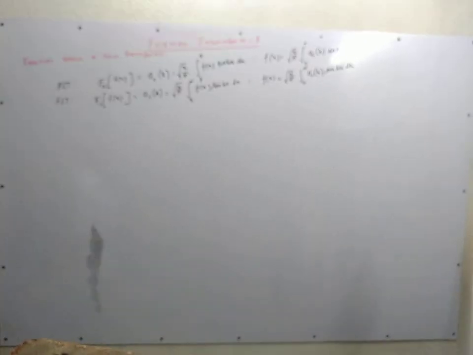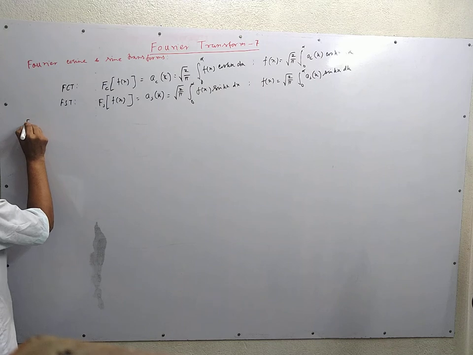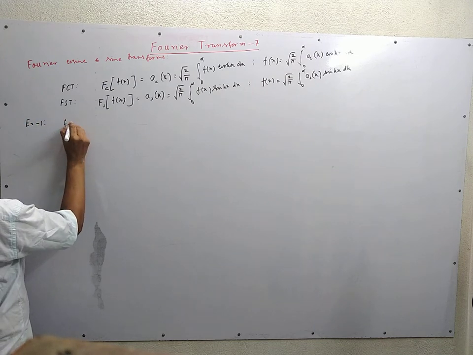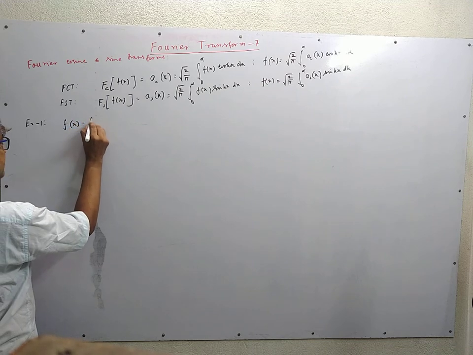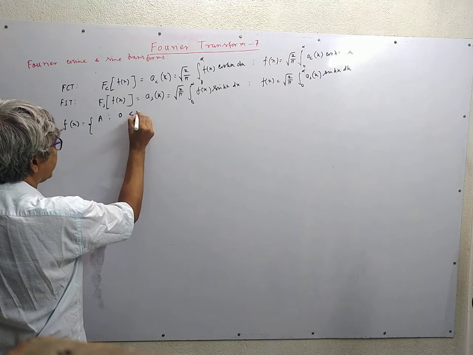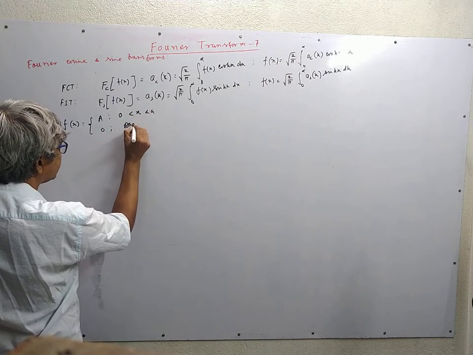We shall first apply the Fourier cosine transform to a step function. Example 1 is a step function. So it is defined as f of x is equal to a for x in between 0 and a, and 0 otherwise.